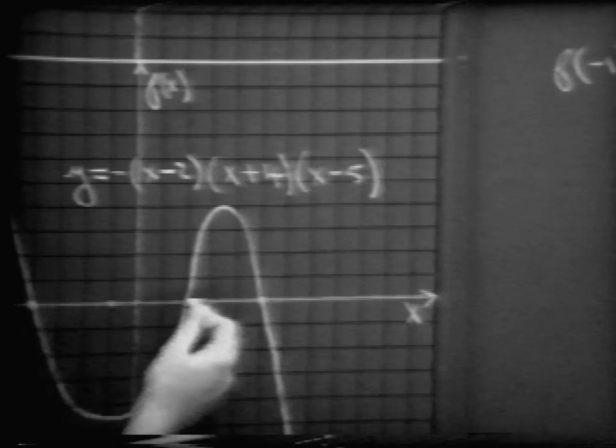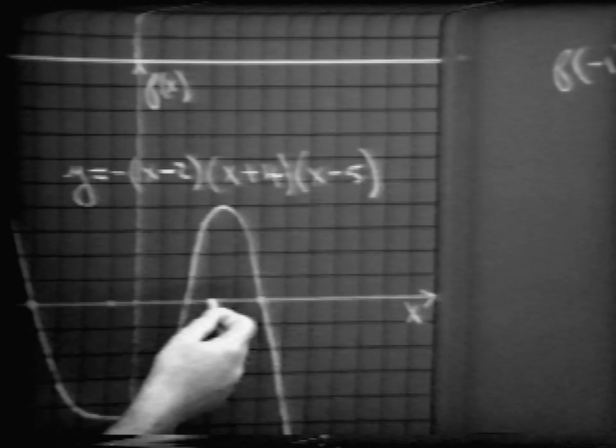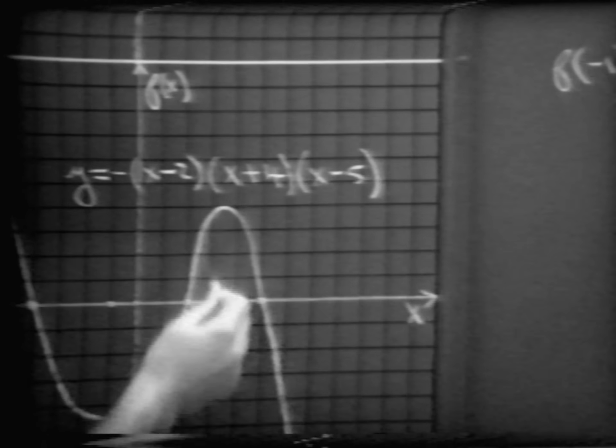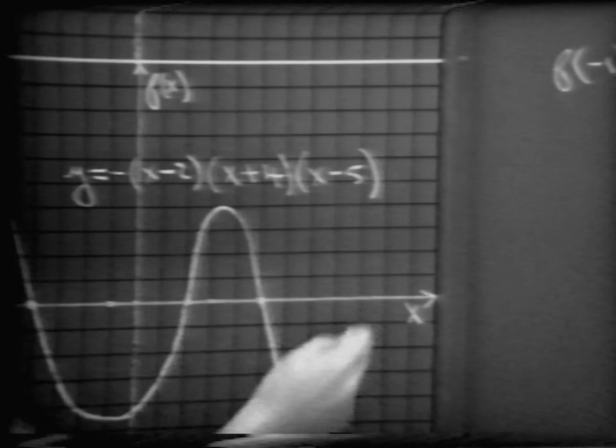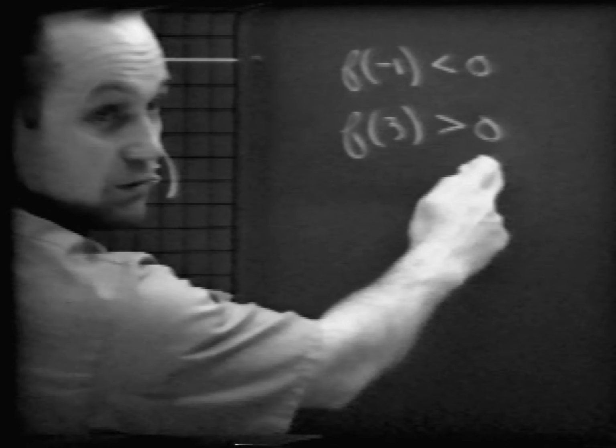All right? Now, right here, say at this point, 1, 2, 3, when x is 3, f of 3 is going to be what? It's going to be up here somewhere, which is positive. Is that right? All right. So f of 3 is going to be greater than 0.